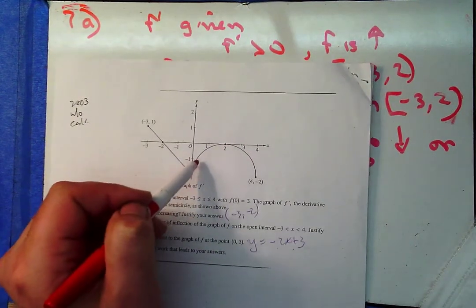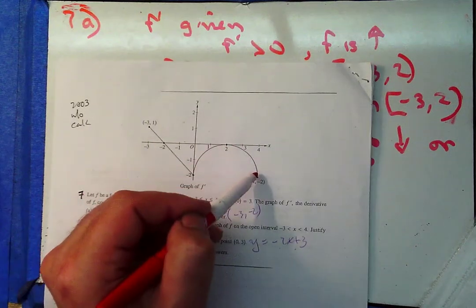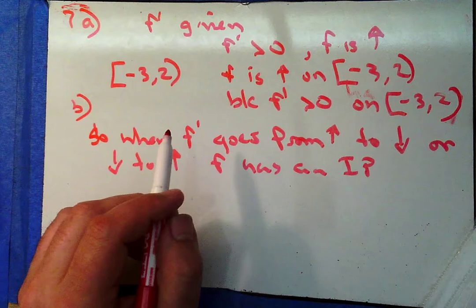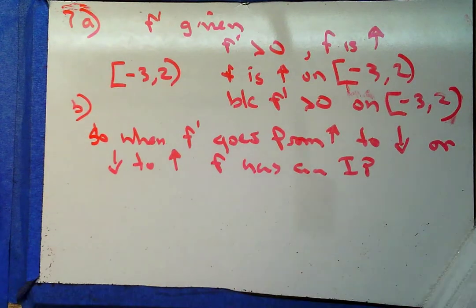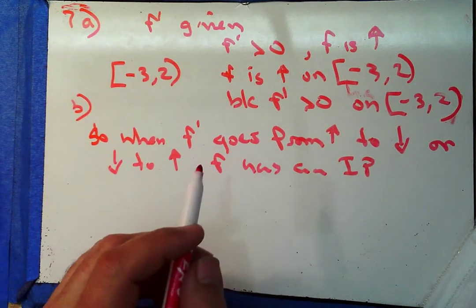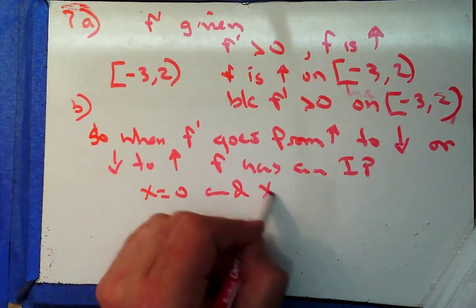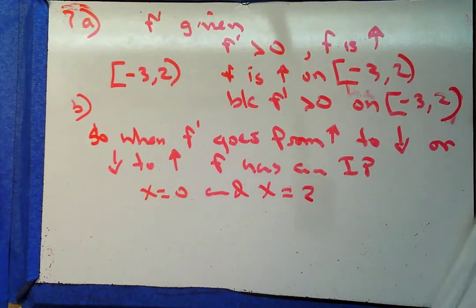And then I see this graph increasing and then decreasing, so x equals 2. So x equals 0 and x equals 2 would be points of inflection for number 7.